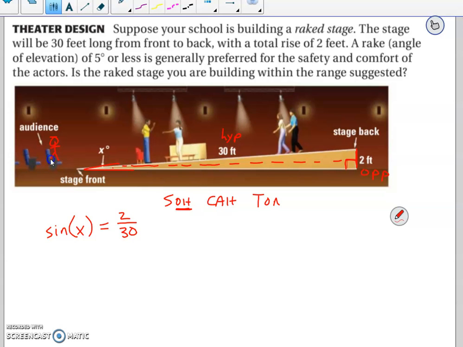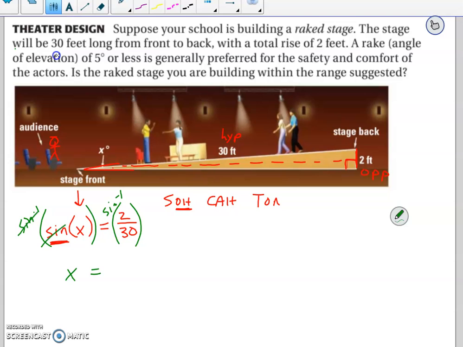Now I'm going to undo this trig ratio so that I can find just x by itself. In order to undo that, I'm going to take the inverse sine, the arc sine, of the sine of x. And if I do it to one side, I've got to do it to the other side. So over on this side, arc sine and sine cancel out. I'm left with x.